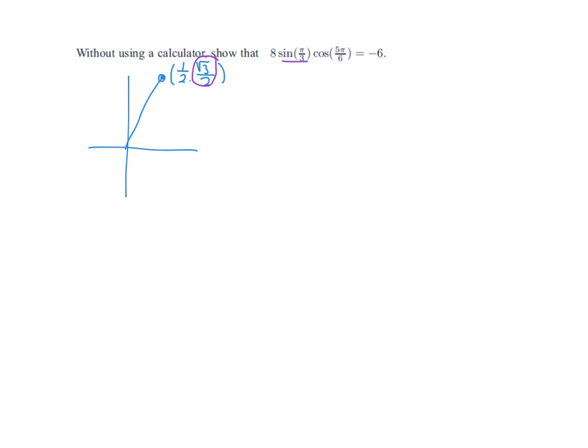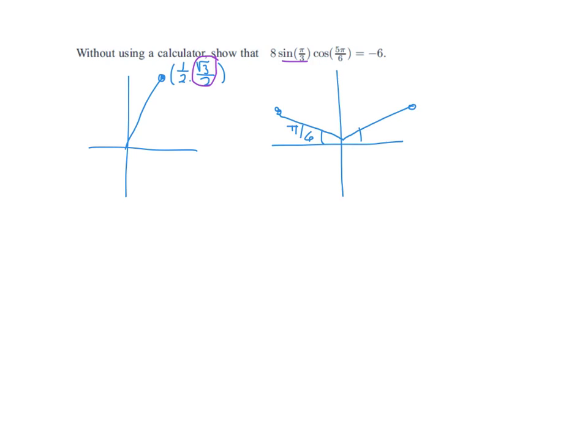For the cosine of 5 pi over 6, that means it's pi over 6 short of being a pi. So that's this angle, pi over 6 short. Cosine is the x value. Therefore, we need to look at the pi over 6 on this side.